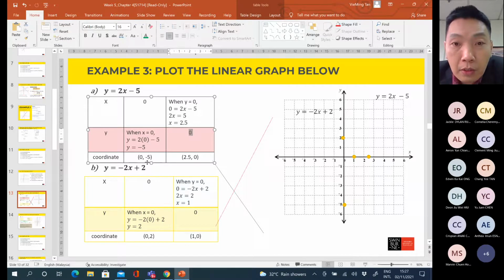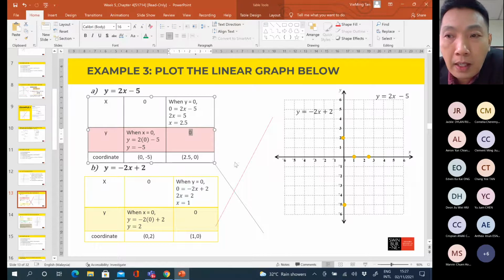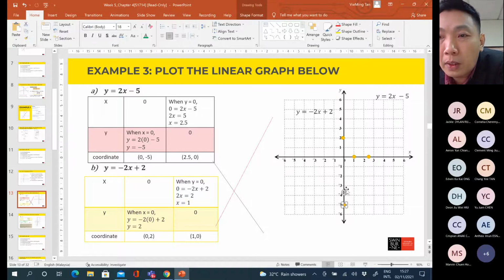Okay, 0, negative 5. Where is 0, negative 5? When x is 0, y is negative 5. Here, this point. All right. This is the point when x is 0, y is negative 5.